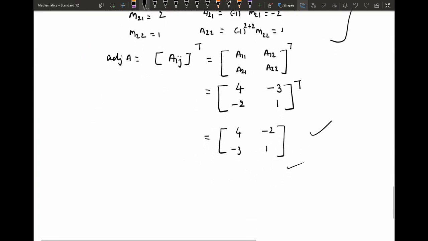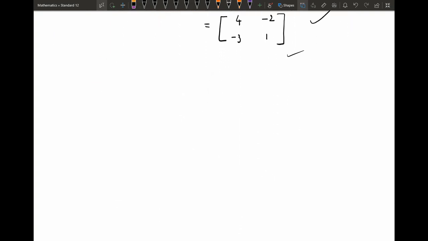Now we take one example for 3 by 3. Find the adjoint of the three by three matrix 1, minus 1, 2; 2, 3, 5; minus 2, 0, 1.